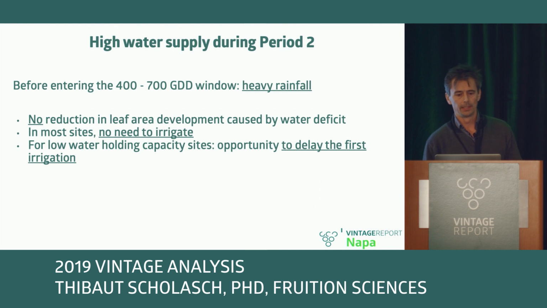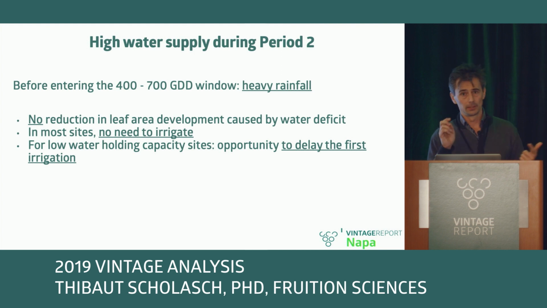So in order to wrap this up, it means that before we entered this switch window that will set the bud fertility potential for 2020, in 2019, we had just got heavy rainfall, which means that we should not expect in 2019 any reduction in leaf area development caused by water deficit.